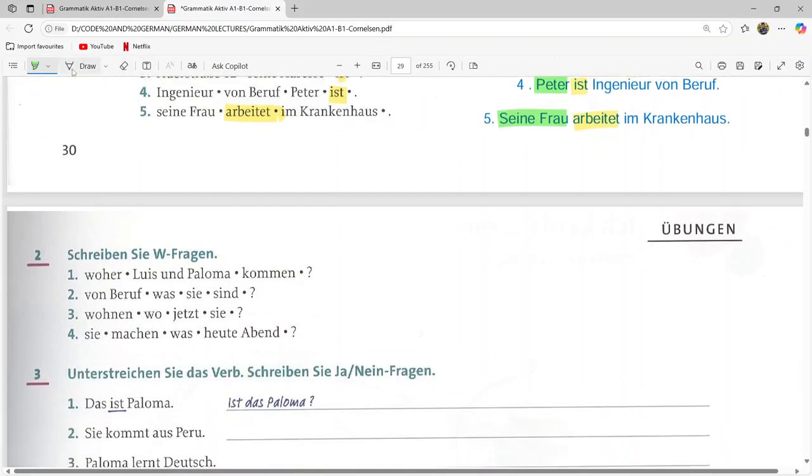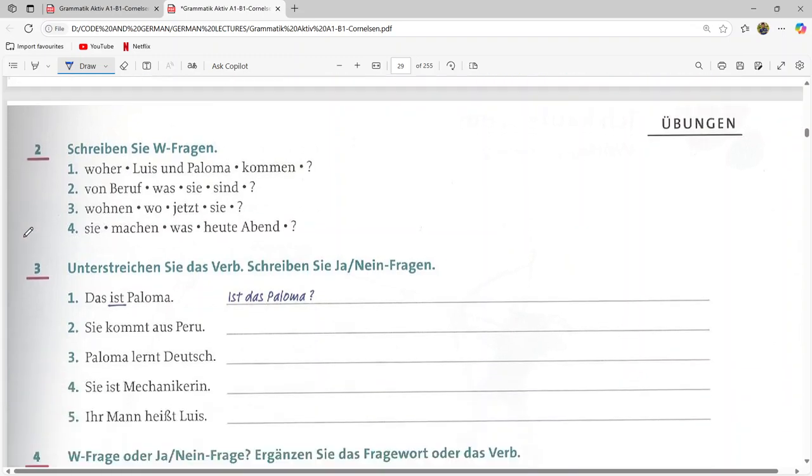Okay, so we jump to task 2. Schreiben Sie W-Fragen. So write down the W questions. The format was: in position 1 we use the W-Frage word.